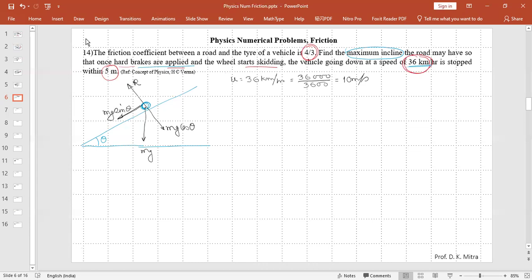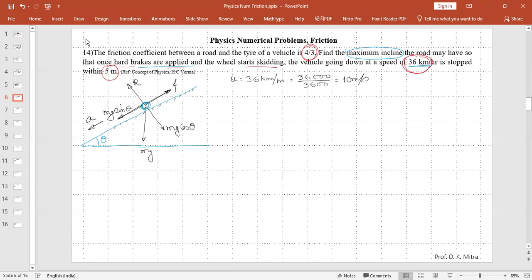As the car slides down, the frictional force f will act upward along the inclined path. And of course, the car will have a downward acceleration. Say this acceleration is a.